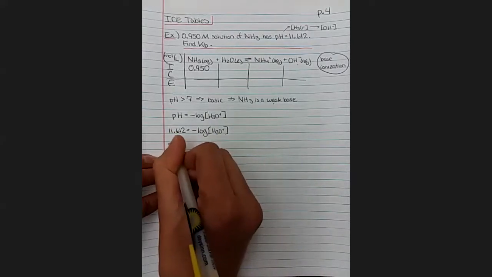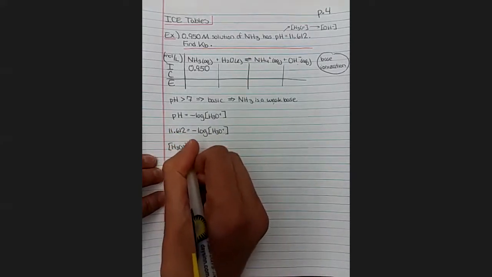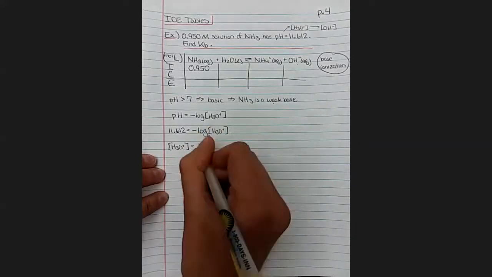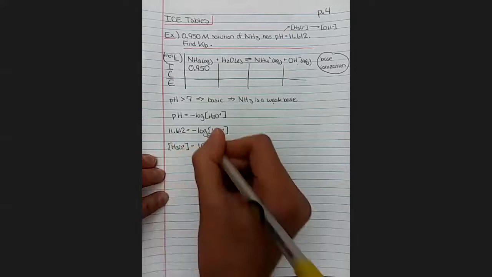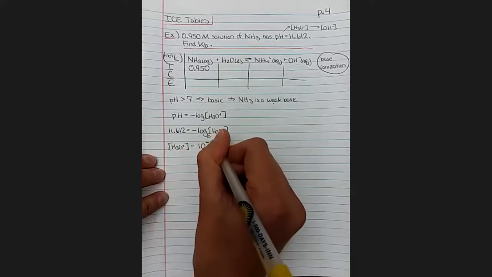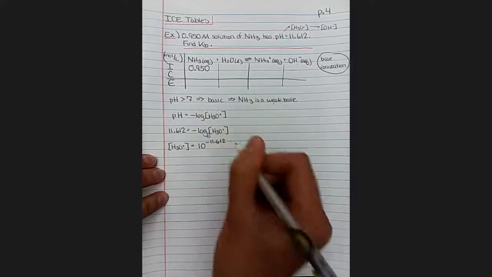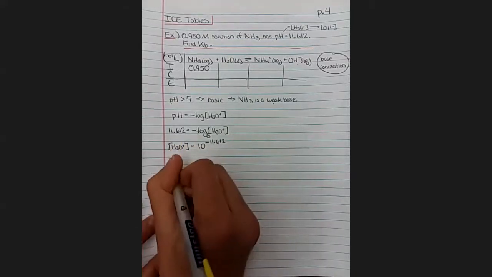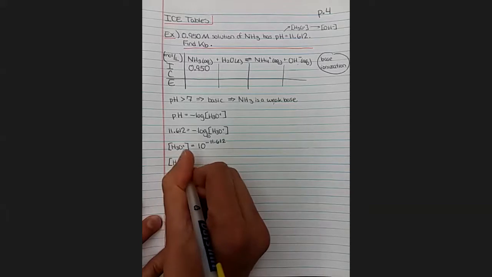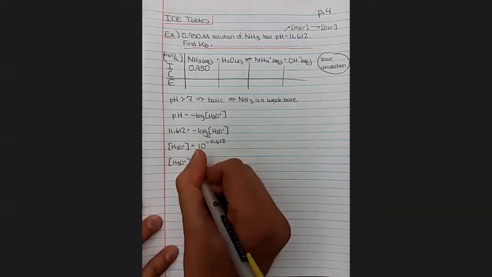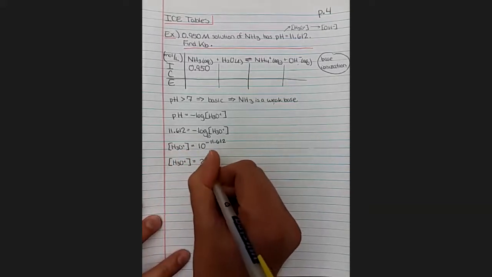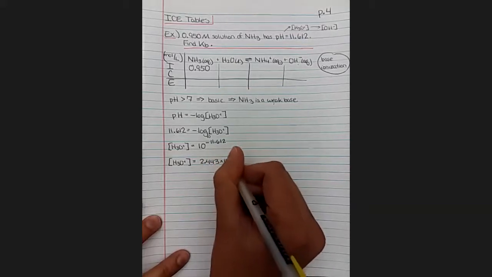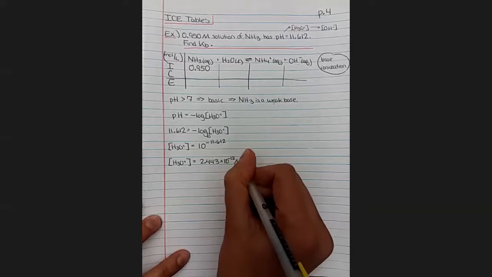And remember, when we undo a log, we're going to do the base, which is 10, to the exponent, which is negative 11.612, because we moved the negative to the other side first. Math happens here. And we should get 2.443 times 10 to the negative 12th molarity.